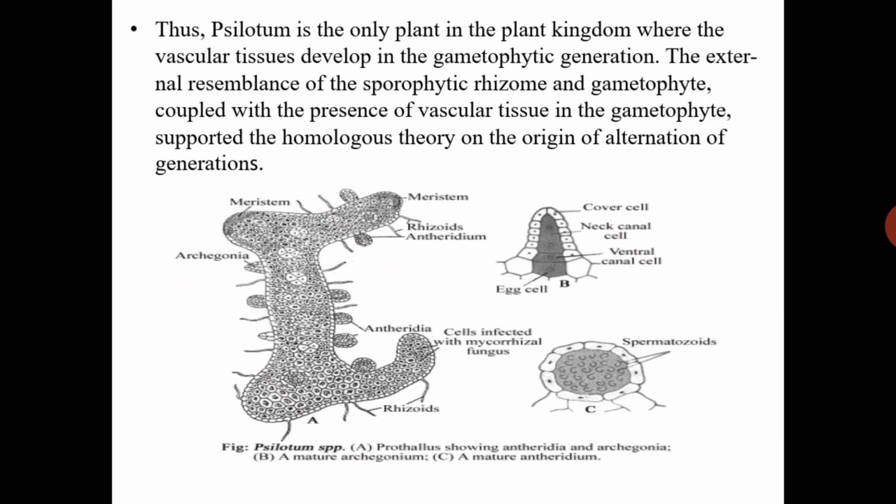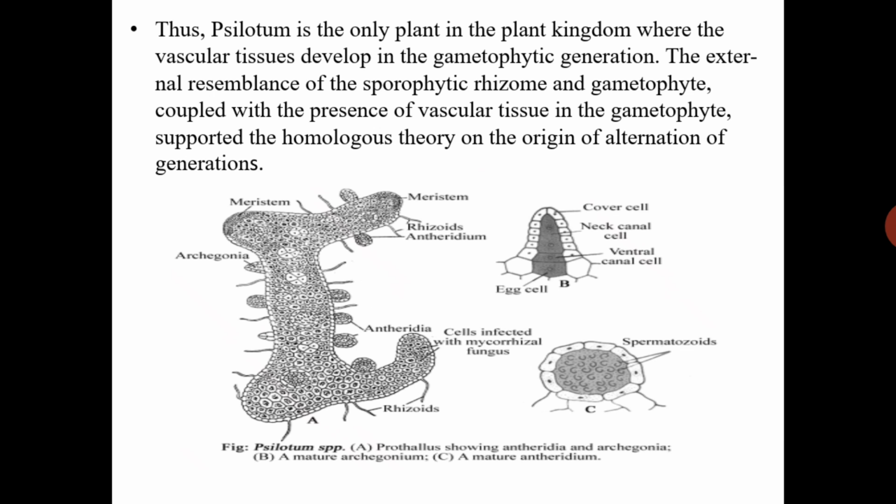Psilotum is the only plant in the plant kingdom where vascular tissue develops in the gametophyte generation. It is a very important point. So only in the Psilotum plant do vascular tissues develop in the gametophytic generation also.